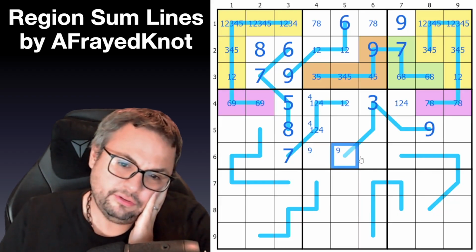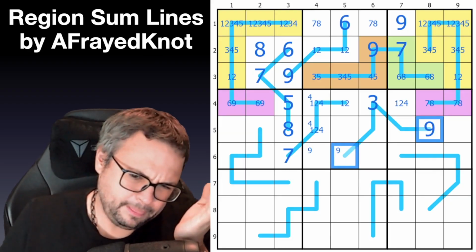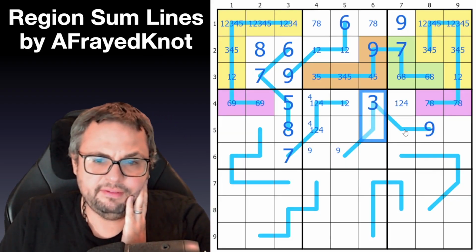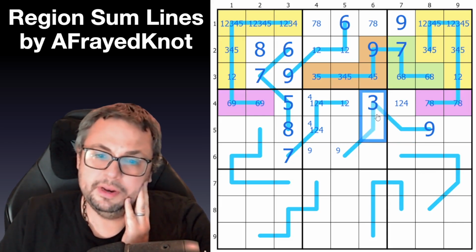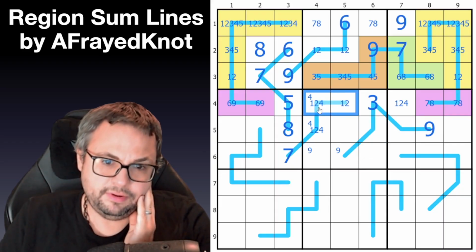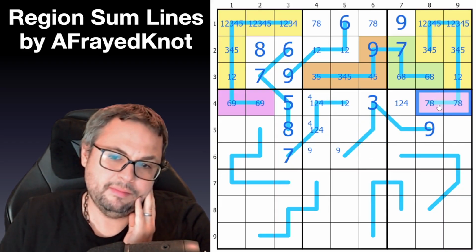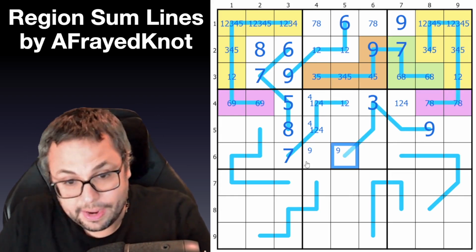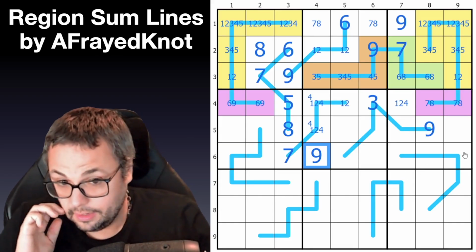And I think the answer is no, because if this is a 9, those two 9s basically cancel out. And so we'd be saying these two digits have the same sum as that digit. But these two digits sum to a minimum of 8, because remember, we've used the 1, the 2, the 3, and the 4, so this would be a minimum of 5. But this can't be a minimum of 8, because the 7, the 8, and the 9 in the box are all spoken for. So actually, the 9 is even placed.